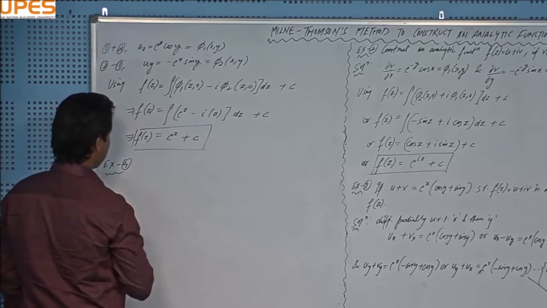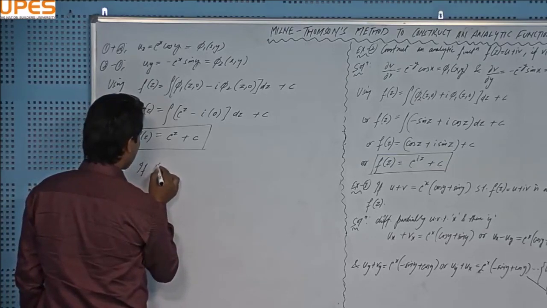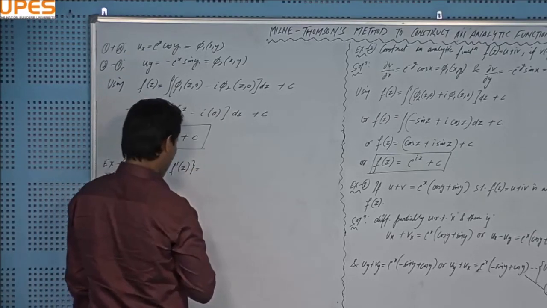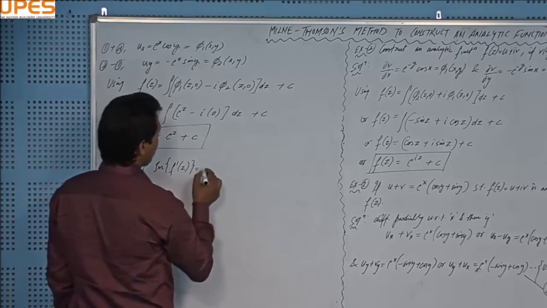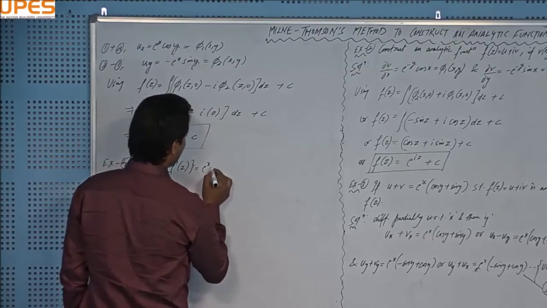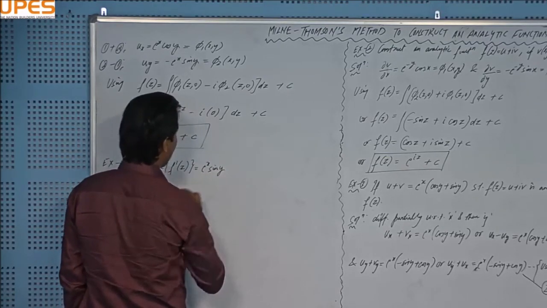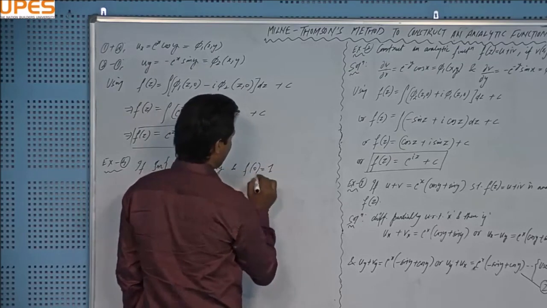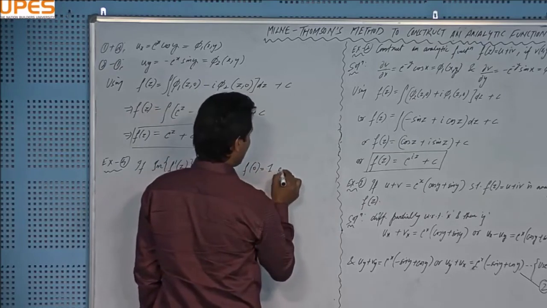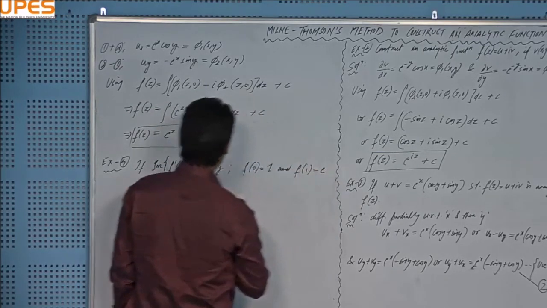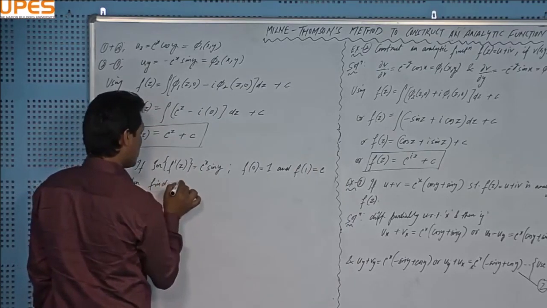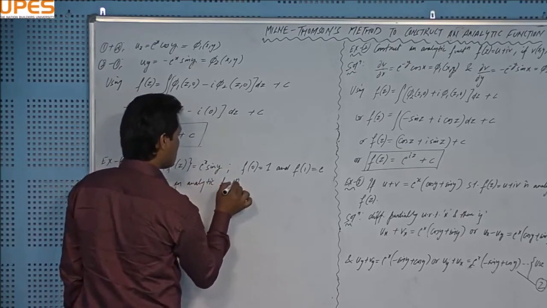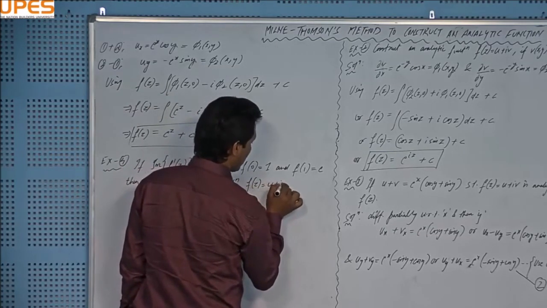If the imaginary part of f dash z is equal to e to the power x sine y, and f(0) equal to 1 and f(1) equal to small e, then find an analytic function f(z) equal to u plus eta v, right?